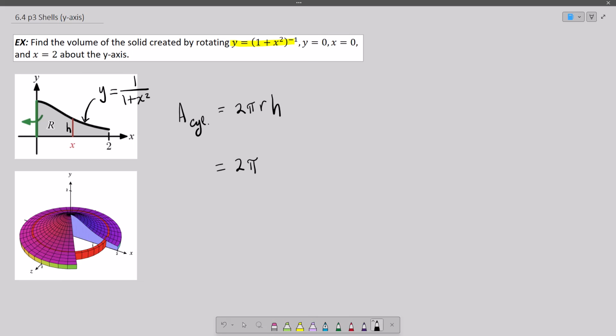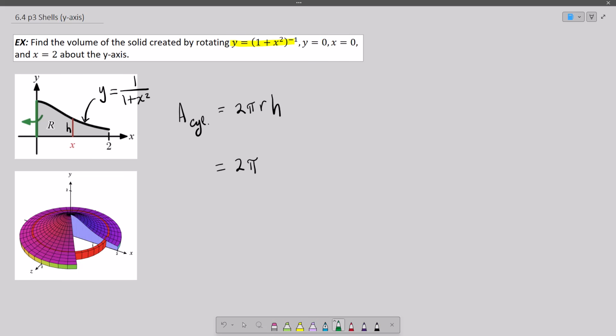Now here's the trickiest piece of them all. R. So you're imagining this red rectangle rotating around, creating a cylinder of radius what? What is the radius of the cylinder created by that red segment? X. Right? Isn't that what this generic X means?